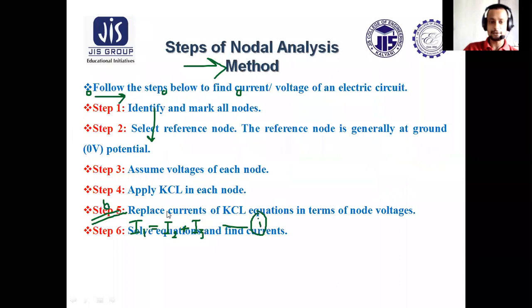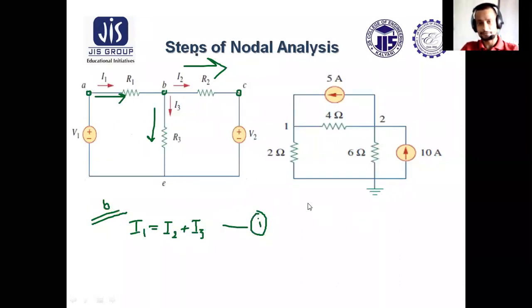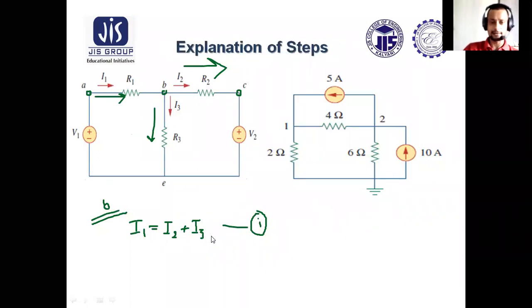As per step 5, replace currents of the KCL equation in terms of node voltages. So what will we do? We'll replace all these currents in the KCL equation in terms of node voltages. What would be I1? It's very simple.